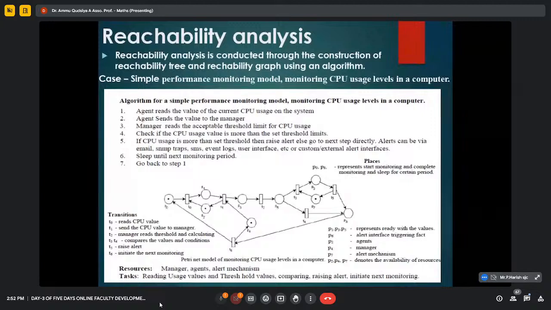If there is an overusage of the CPU, it will send information to the server, where the manager will give an alert through SMS or WhatsApp message. It will give an alert that the CPU is used more, it's overloaded. So this is the algorithm.